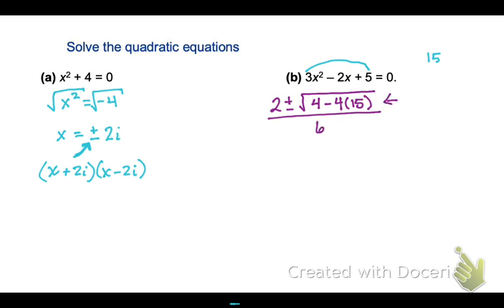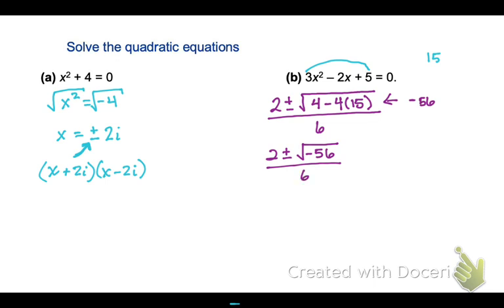So in here, we've got 60. So negative 56. Is that right? So I have 2 plus or minus the square root of negative 56 over 6.